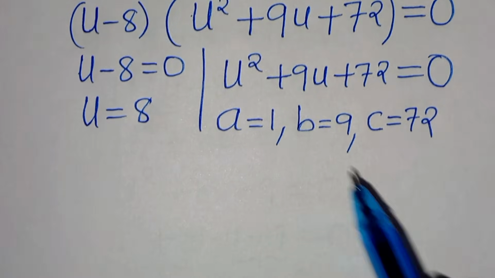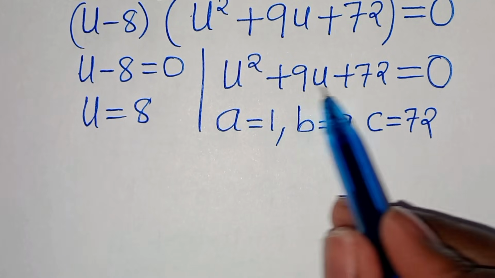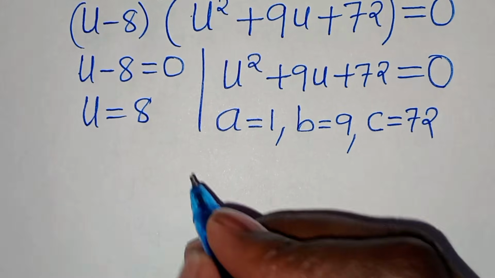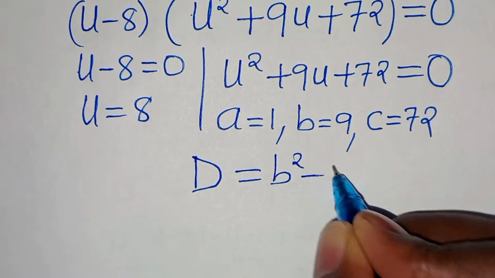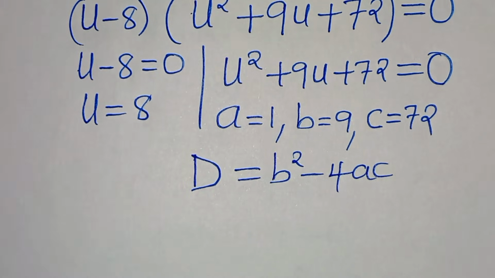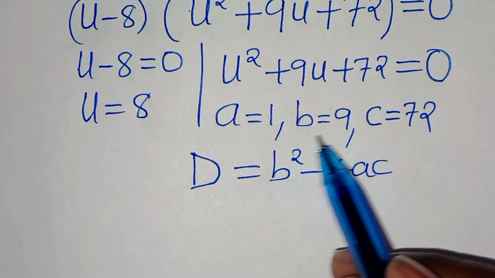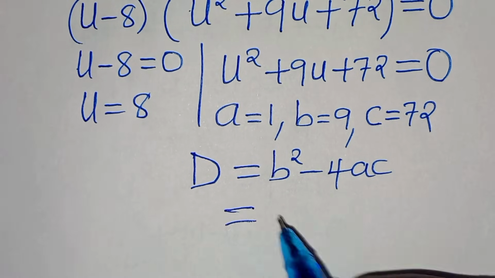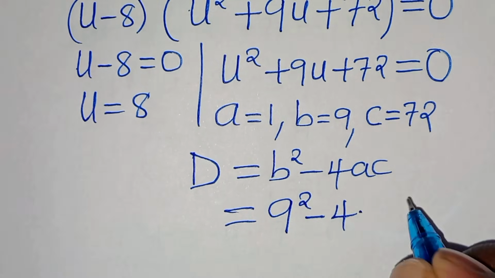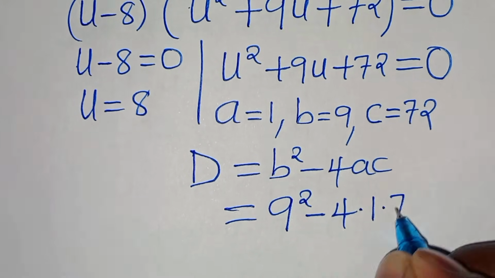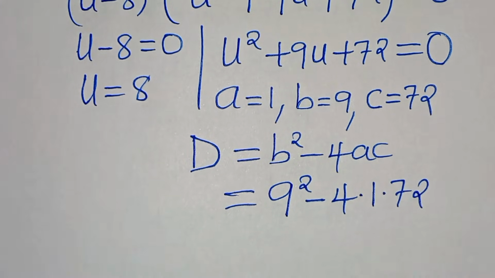Now, let's assess the nature of the root of this quadratic equation. And to do that, let's determine the discriminant value, which is b squared minus 4ac. Now, substituting a, b, and c here, so we have 9 to the power of 2 minus 4 times a, which is 1, then times c, which is 72.